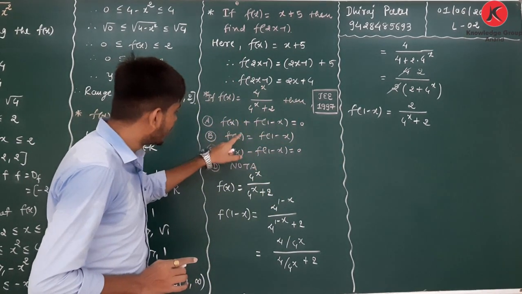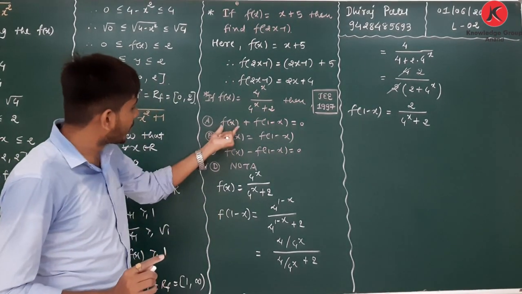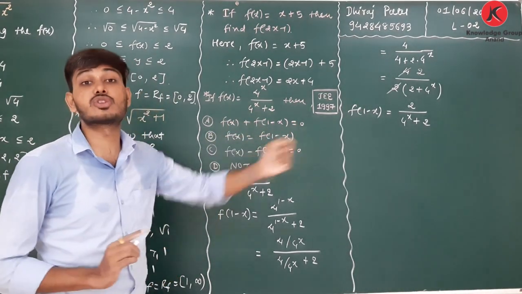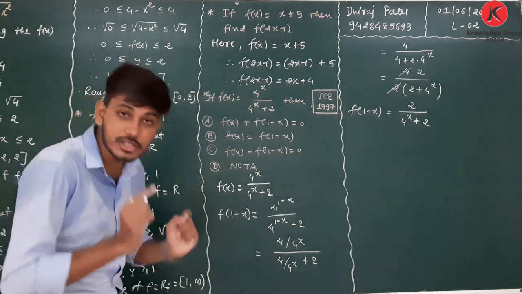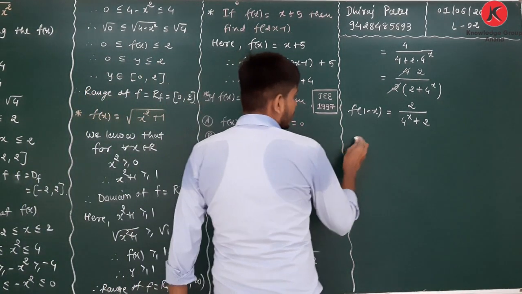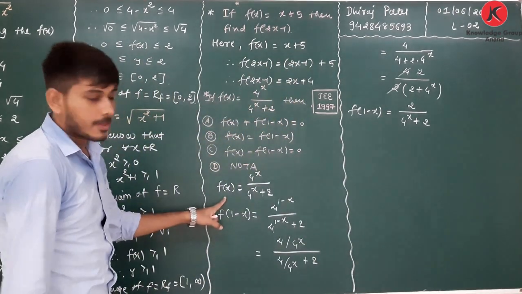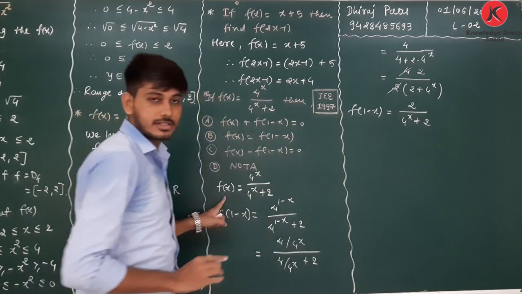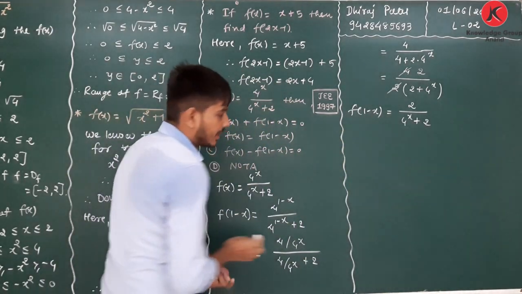Let's check the options 1, 2, 3. Let's check out the first option: f of x plus f of 1 minus x equals 0. Check whether the addition of both gives 0. Let's see. This is your f of x, this is your f of 1 minus x. Now add f of x and f of 1 minus x.